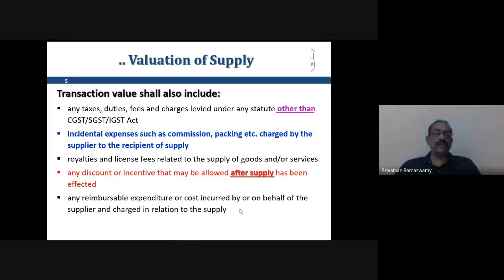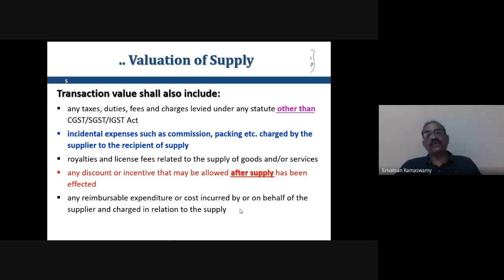So 10% of 1 lakh rupees means the cost now is 1 lakh rupees, the value of the mobile phone, plus 10,000 rupees of basic customs duty. You know that the import of goods is treated as a deemed interstate transaction, which means there will be an IGST levy from the GST legislation.